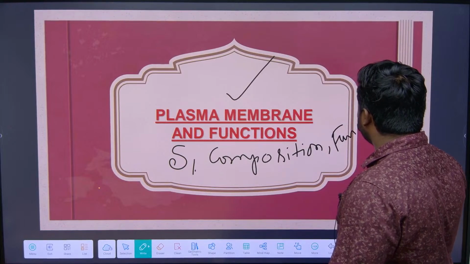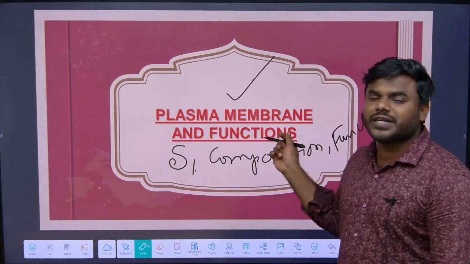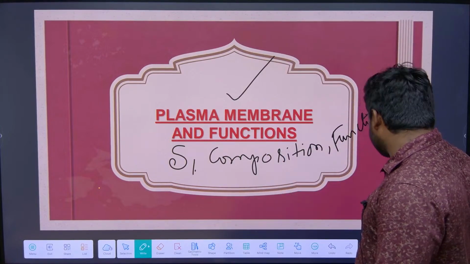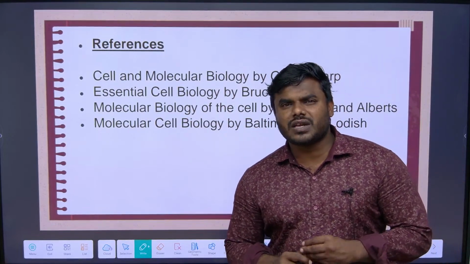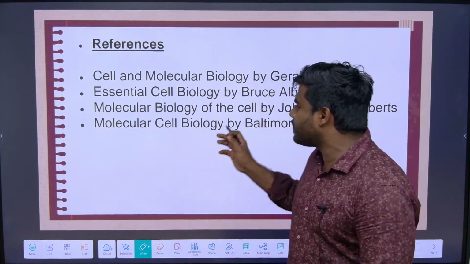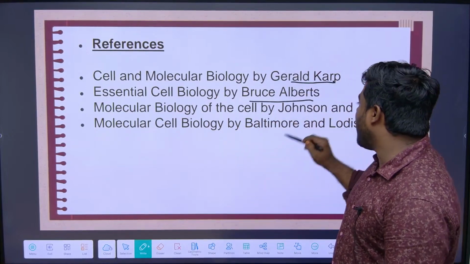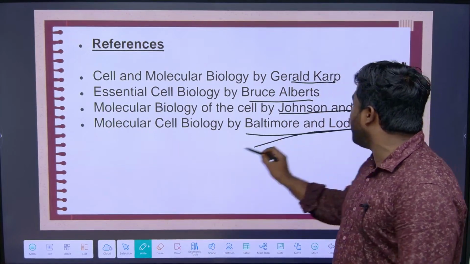When we consider the functions, the plasma membrane in general is involved in transport. We will see all those. Now, let's understand the structure of the plasma membrane. What are the major reference books we have to cover for cell biology? We have to cover Karp, Bruce Alberts, Johnson and Alberts, and the groundbreaking book, Lodish.